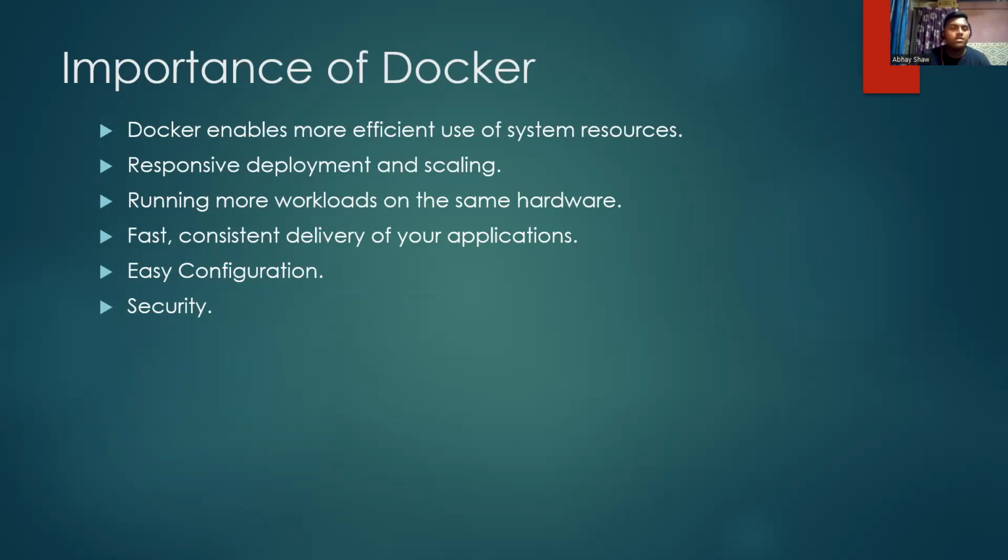It also gives security, because the Docker containerization method has only one layer of OS, so an attacker might not get into your server easily. It gives fast and consistent delivery of your application, and is easy to configure. Moving on to the next.